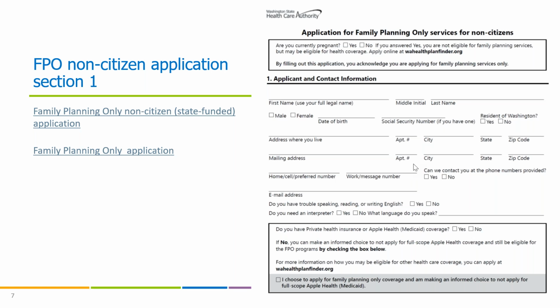For the application for citizens, it's a little bit more wordy in there, and that's only because of the portion about if you had already applied for full scope Medicaid, you can skip certain sections. Well, we know for the non-citizens that doesn't apply to them, so we removed that language just so as not to confuse them. And so all we need to know is if they have health insurance or not.